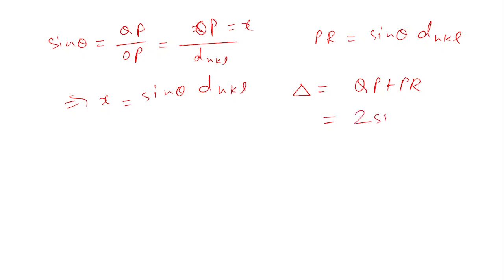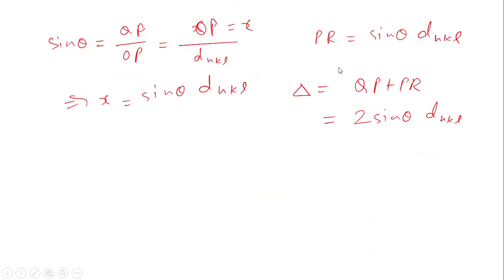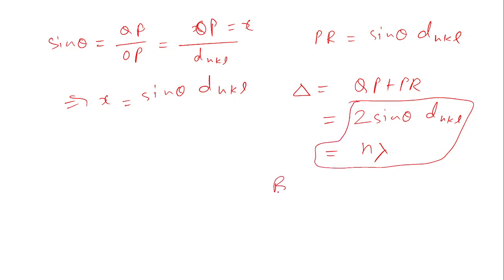That means 2 sine theta multiplied by DHKL. And since the rule was that to get constructive interference, the path difference should be an integral multiple of lambda. The path difference I found out is this, and it should be an integral multiple of lambda. So this is how we get Bragg's law.